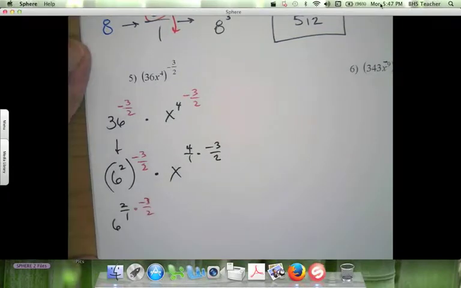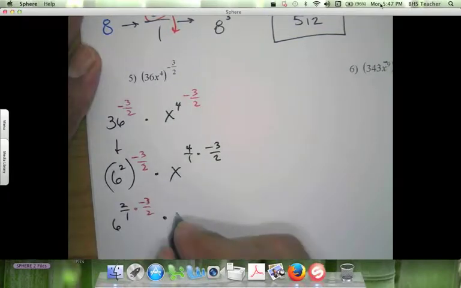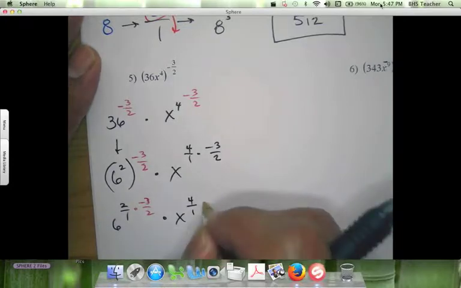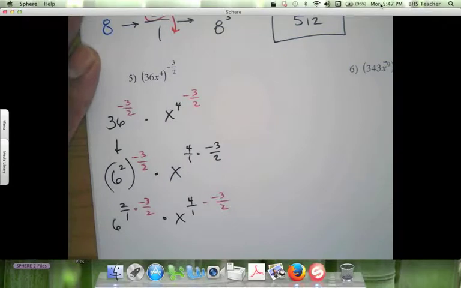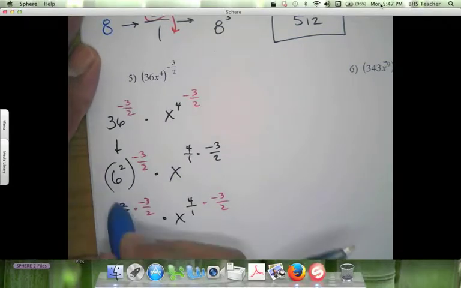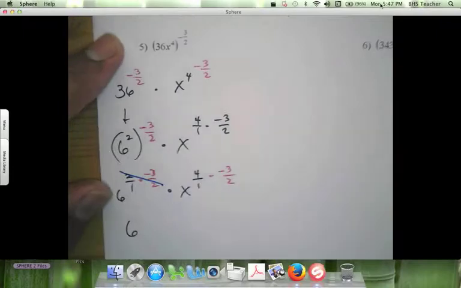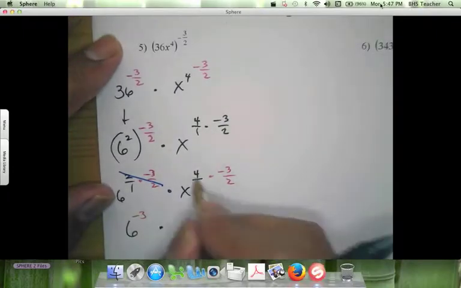I'll just write this over again. Here, the 2's divide out. You're left with 6 to the power of negative 3. Here, they don't divide out, but they reduce.